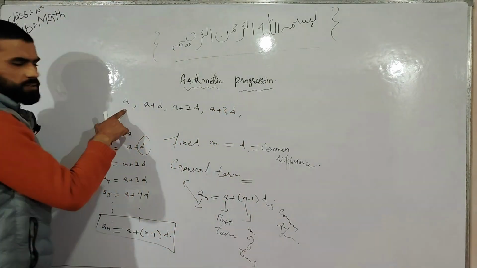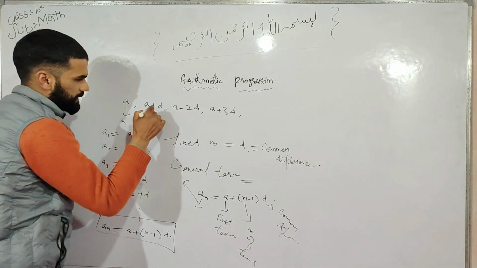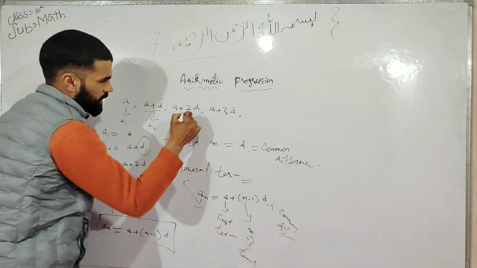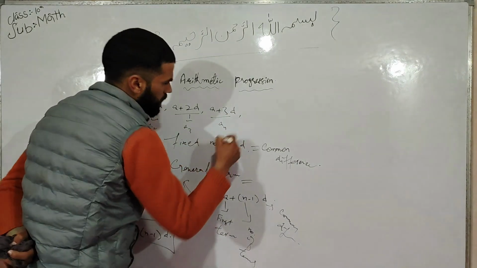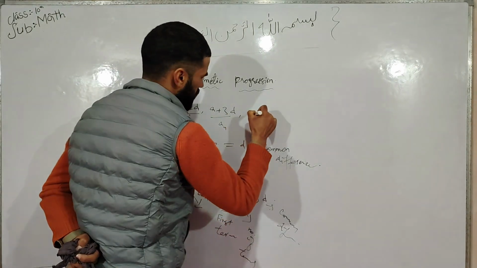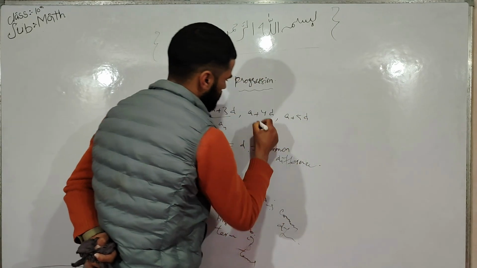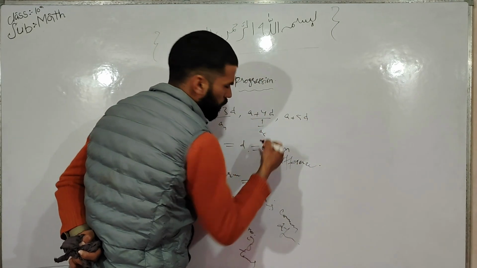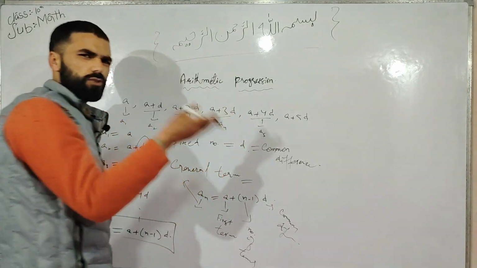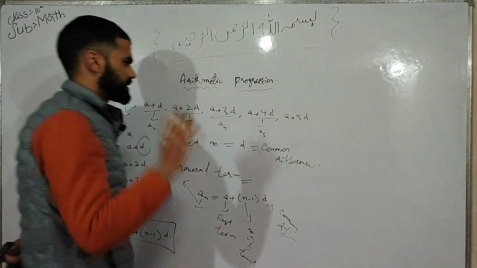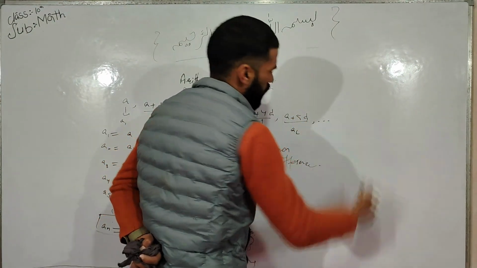This is the first term, this is the second term, so this is actually a1, this is a2, this is a3, this is a4, and the fifth term will be a plus 4d, and a plus 5d. This is a5 or t5. Sometimes we call it t5 or a5, this is just a matter of notation and nothing else. And this is a6 or t6, and so on.